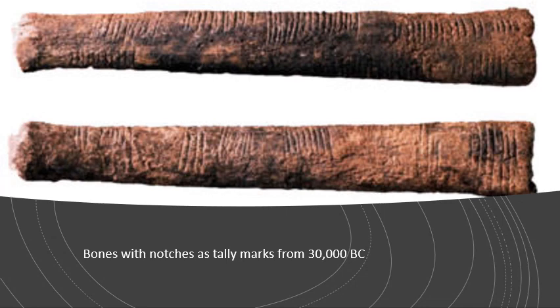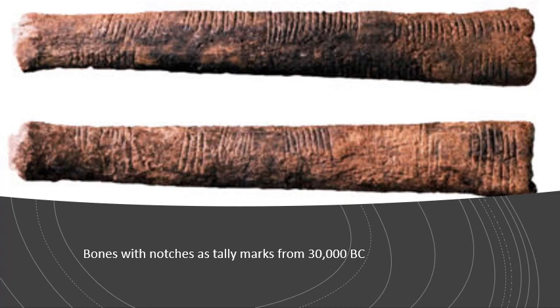The picture that you see here, these are bones with notches as tally marks. This was found in the country of Czechoslovakia, and these bones were dated to be coming from 30,000 BC. So that's basically 32,000 years ago, since we are now in the year 2020 or 2021.